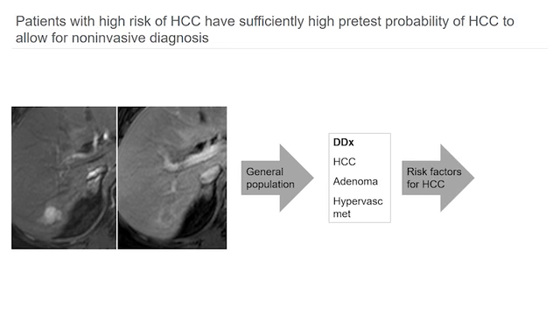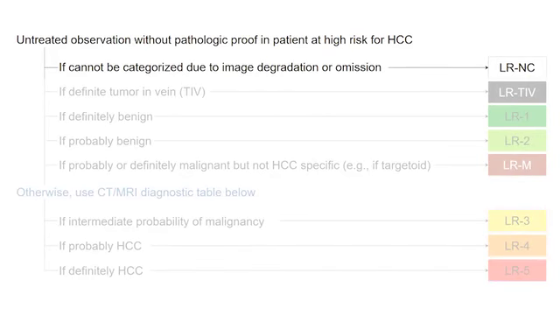In the patient with risk factors for HCC, the pretest probability for HCC is high enough so that the specificity and positive predictive value for LI-RADS 5 criteria is nearly 100%, which means that there's no differential diagnosis. In the patient with appropriate risk factors, this particular lesion is almost 100% HCC.